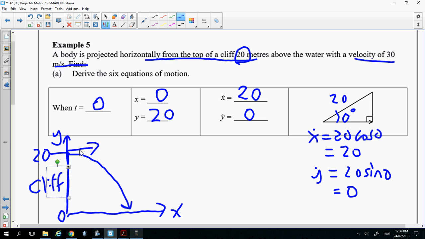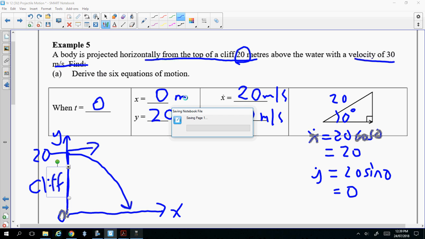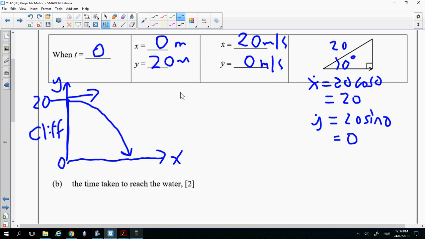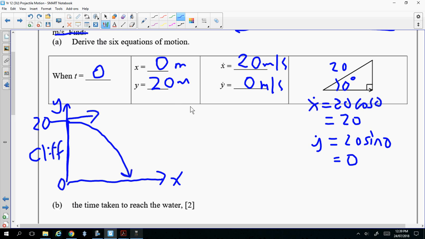Okay, after you do that, we're going to work out the equation of motion. So, like before, we're going to do x dot and y dot. We'll start with x double dot equals 0. X dot equal to c. And then we know that when t is 0, x dot equals 20.